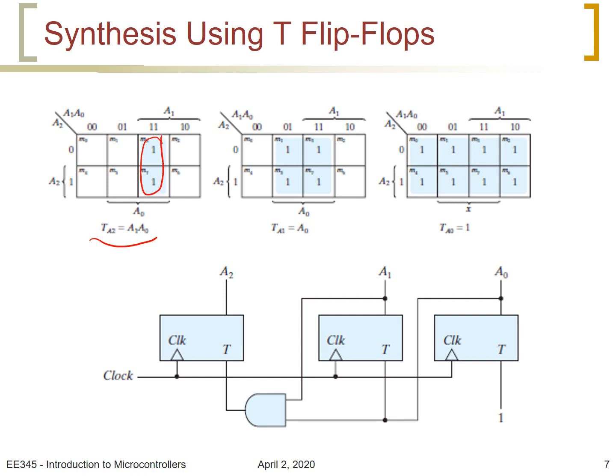Therefore, TA2 equals A1 and A0. And TA1 has 4 1s here, which means TA1 equals A0. And TA0, as we noticed, has 8 1s, which means it is always equal to 1.